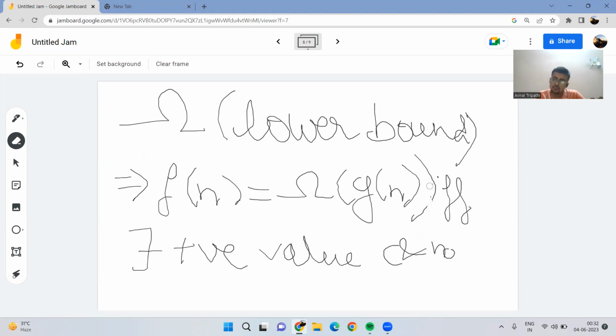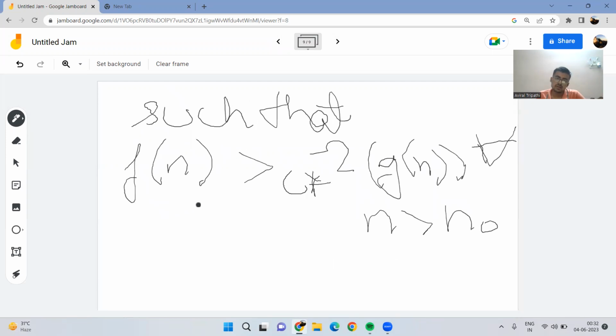If for every positive value c and n naught such that fn is greater than c into gn for every n greater than n naught.